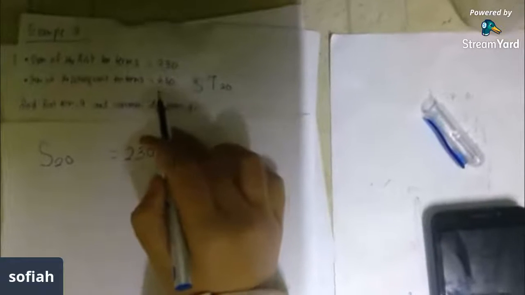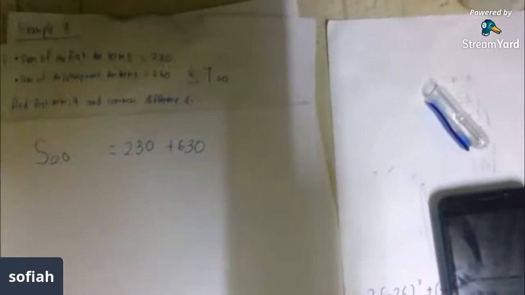Why? Because 630 is actually the sum of T11 until T20. Thus, when we want to find the sum of the first 20 terms, we need to add 230 with 630. So we will get 890.